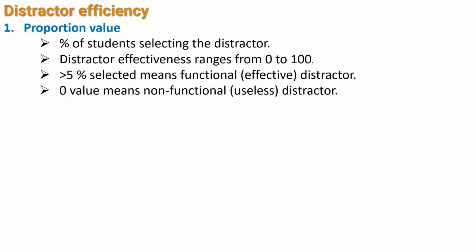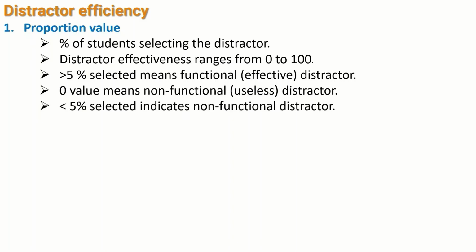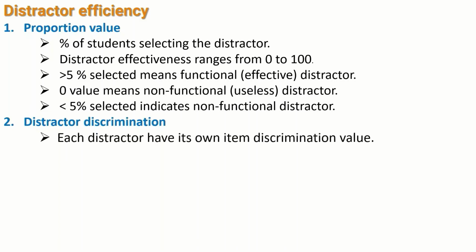A distractor that has not been selected by any student is a non-functional, useless distractor. And a distractor that has been selected by less than 5% of the students is considered a non-functional distractor.